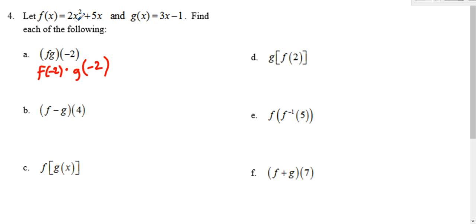So plug -2 into f, you get 4 times 2 is 8, minus 10, and -2. Multiply that by g of -2, which is -6 minus 1 is -7. So -2 times -7 is 14.